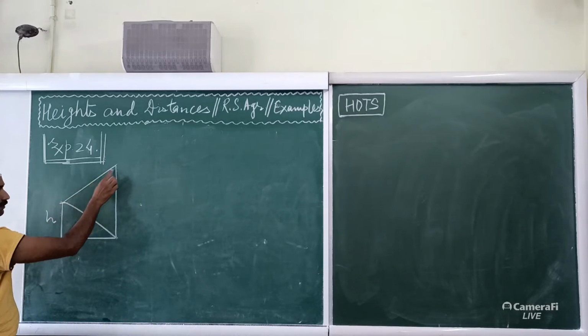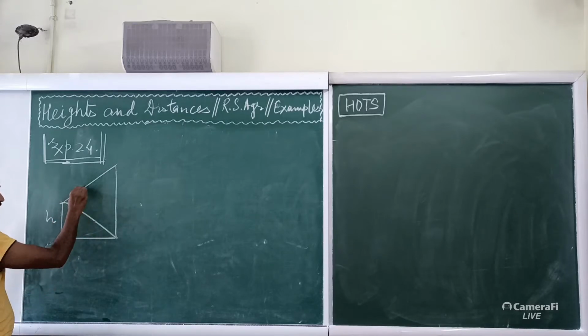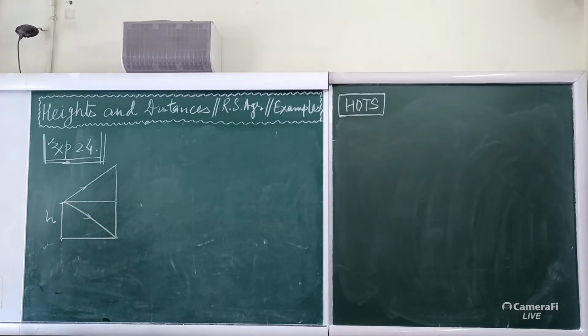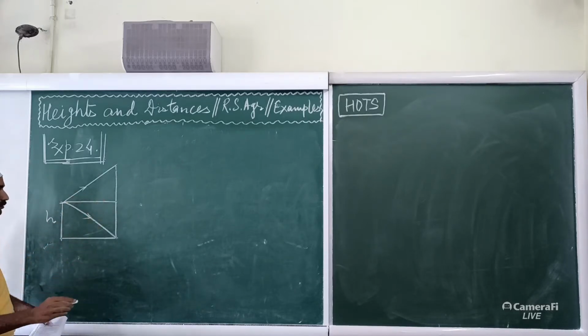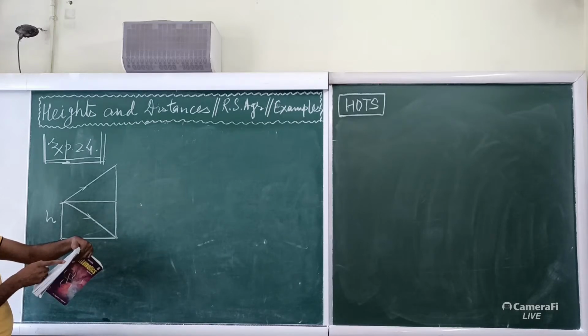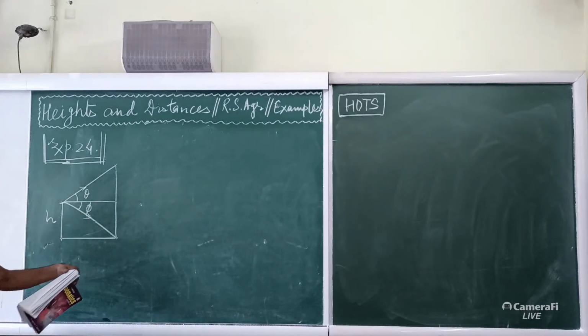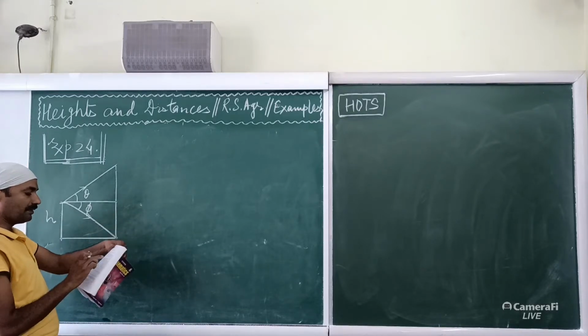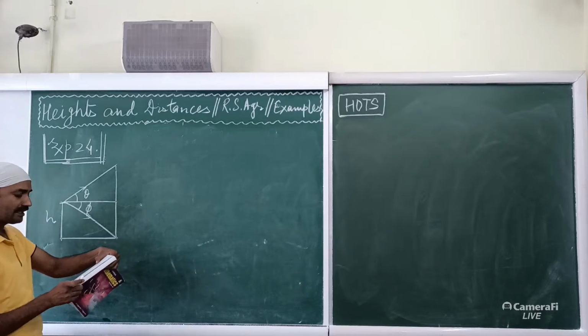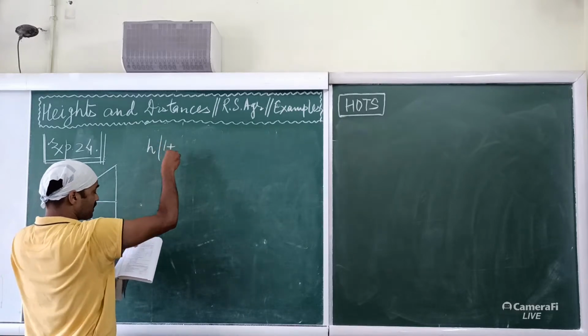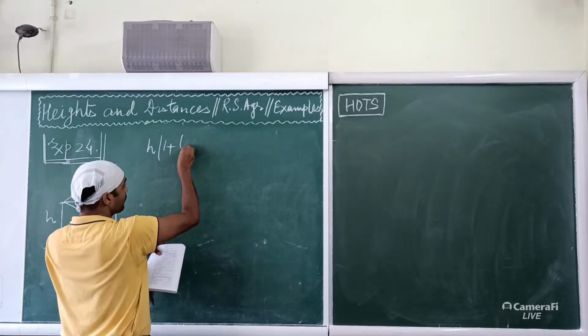See, these two are lines of sight. The angle is always formed between the line of sight and the horizontal line, so the horizontal needs to be drawn. This is theta and this is phi. We have to show that the height of the other house is 8 into 1 plus tan theta cot phi.